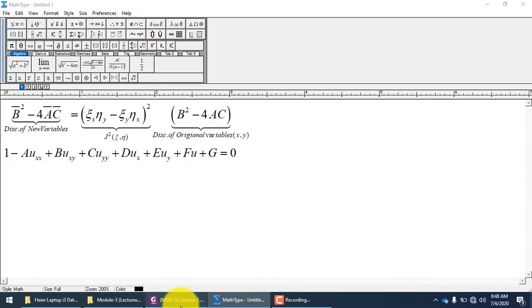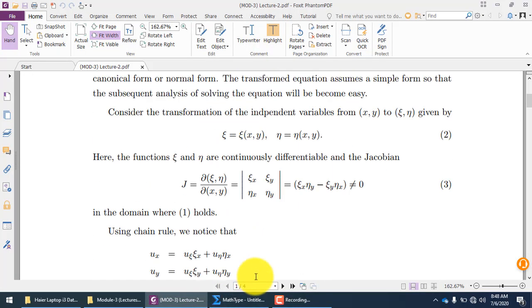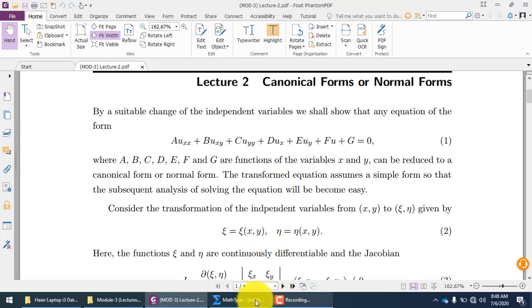This was your standard, if you remember, standard form of second order partial differential equation.